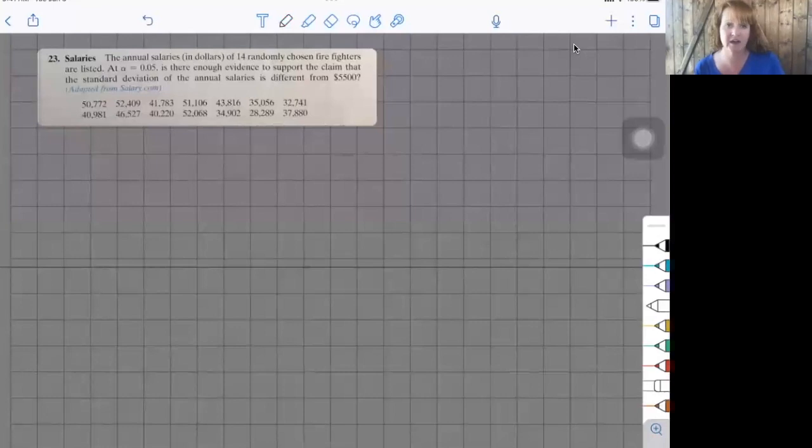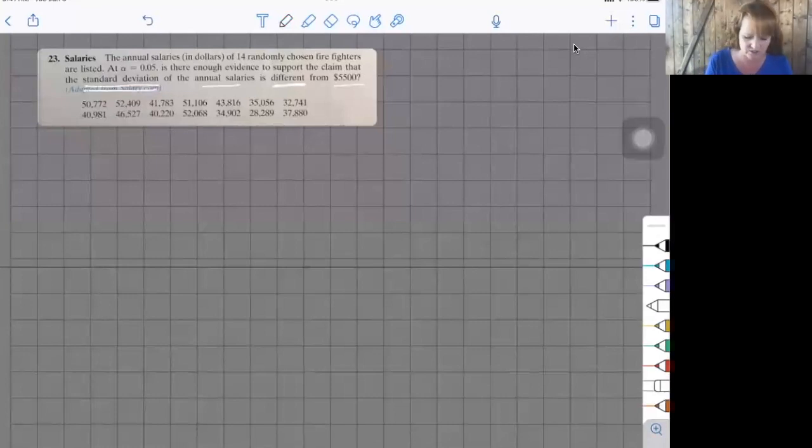So this is talking about annual salaries of 14 firefighters. And we want to know about this claim that the standard deviation of these salaries is different from 5,500. Different means not equal to. So this is going to be a two-tail again. But this time we're talking about standard deviation.